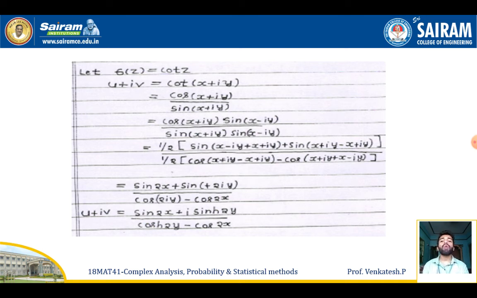So I will get 1 by 2 into sin of x minus iy plus x plus iy plus sin of x plus iy minus x plus iy, divided by 1 by 2 into cos of x plus iy minus x plus iy minus cos of x plus iy plus x minus iy. So on simplifying this, I will be getting sin 2x plus i sinh 2y divided by cosh 2y minus cos 2x, I got it.